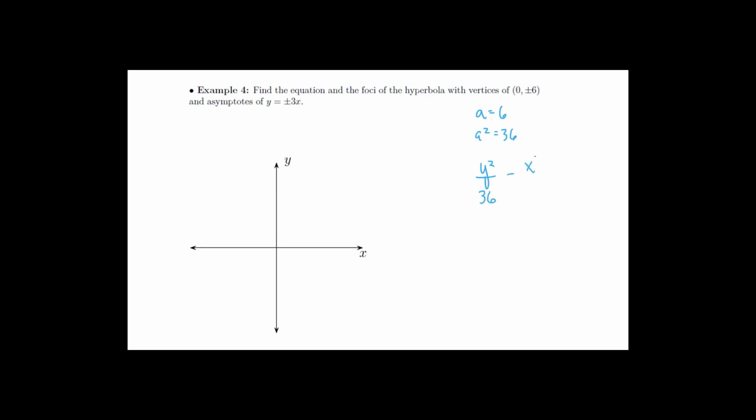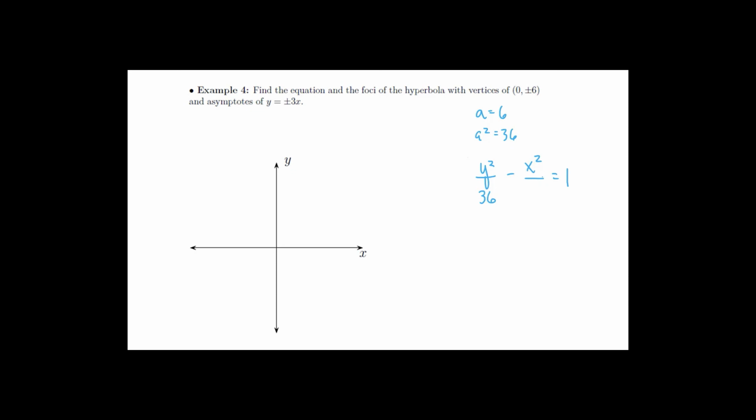So we're going to have y squared over 36 minus x squared over something is equal to 1. Fix that. So we've got to figure out what belongs down here, right? In other words, what is b?